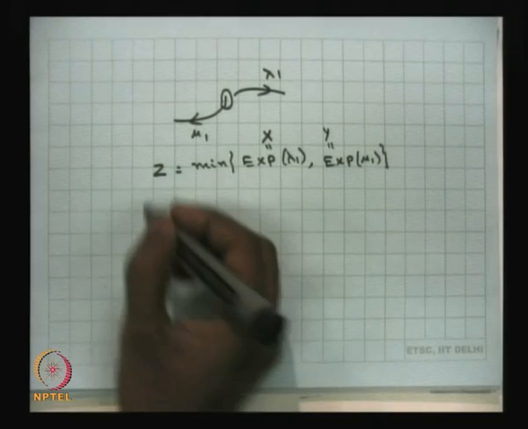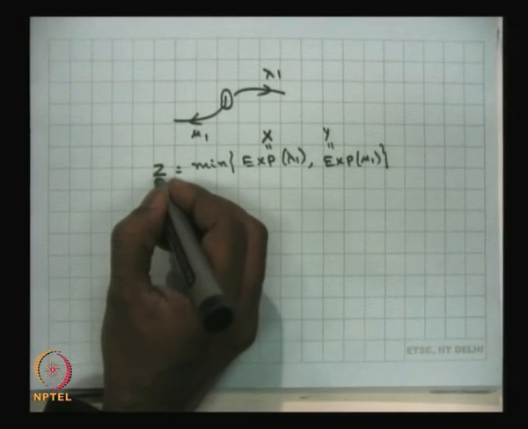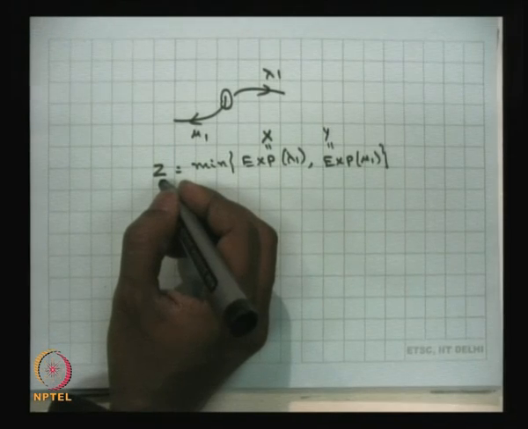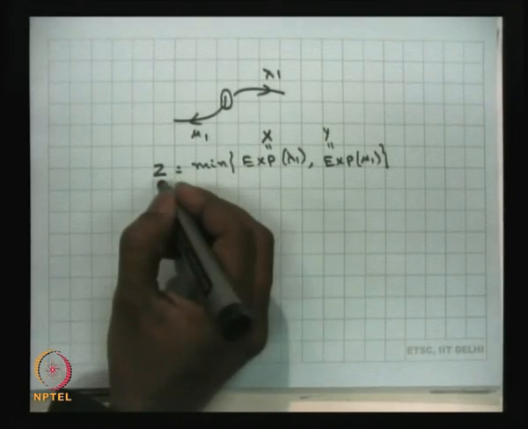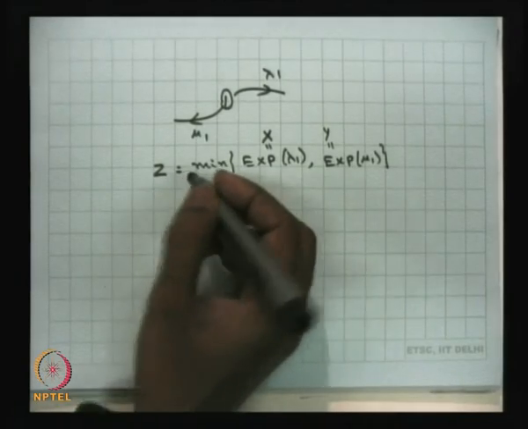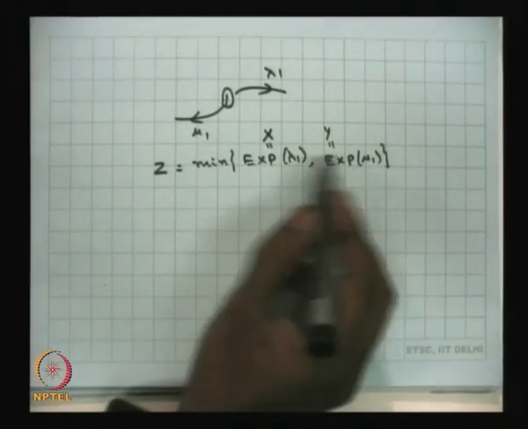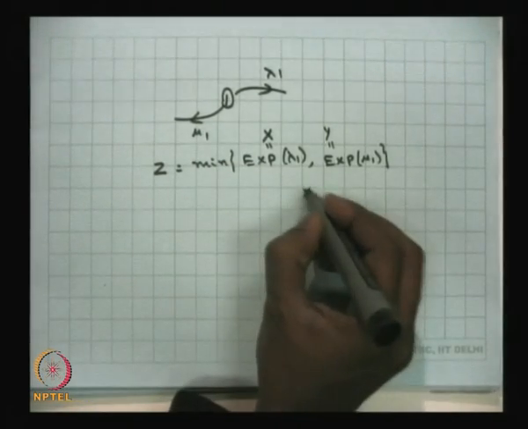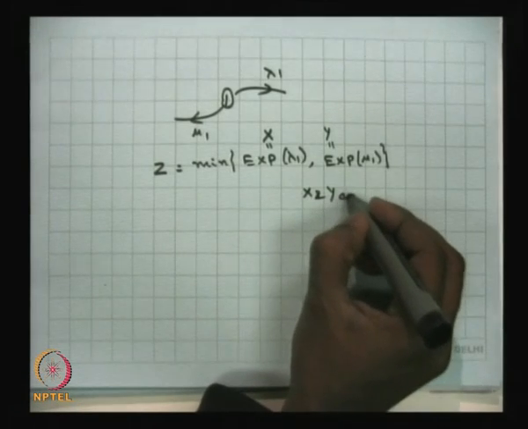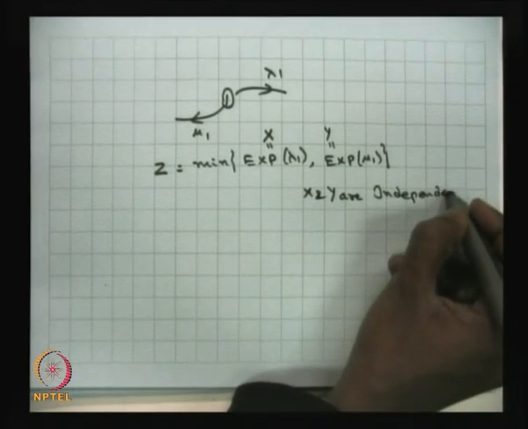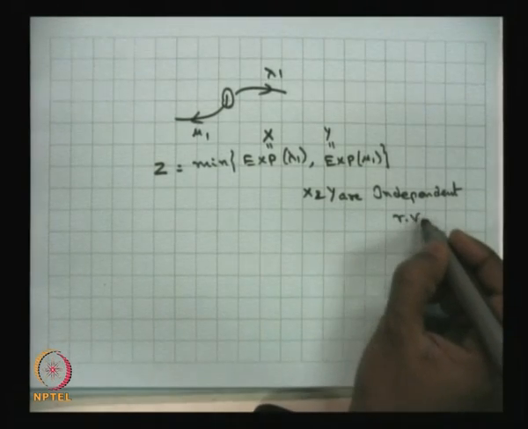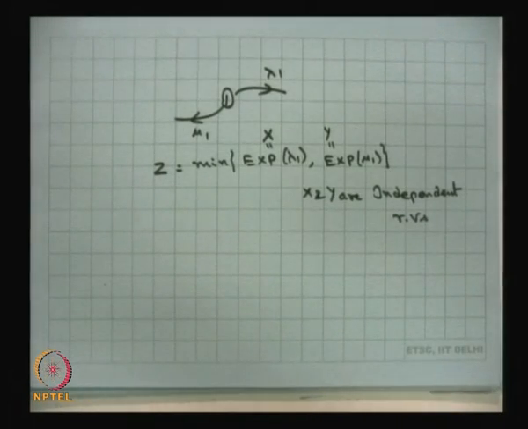Just now we concluded that the waiting time distribution is exponential, and that will come from here also. Here X and Y are independent random variables.